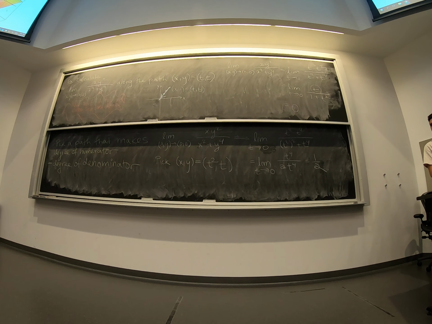So this is a very, very special choice of path, but it accounts for these ridges. When we look at our graph, we see that there's these kind of ridges that go up to some value. When we approach along the x-axis, we get 0. When we approach along the y-axis, we get 0.